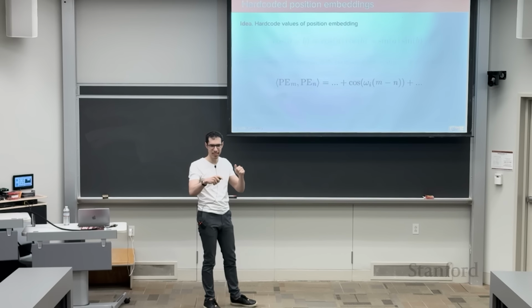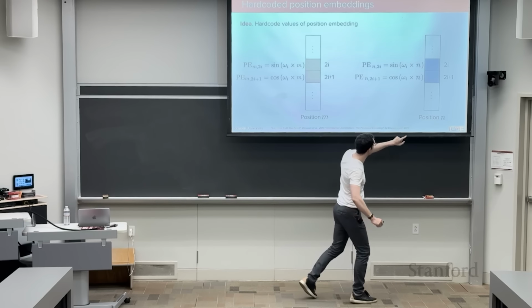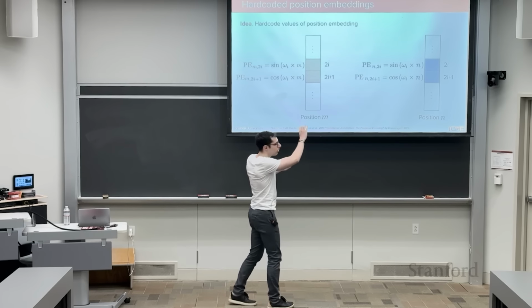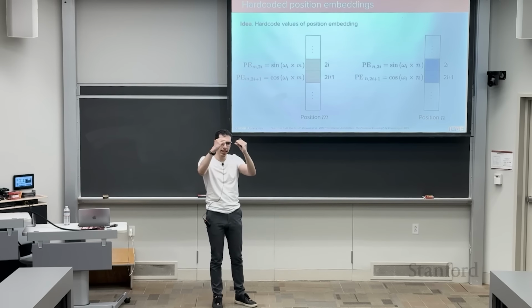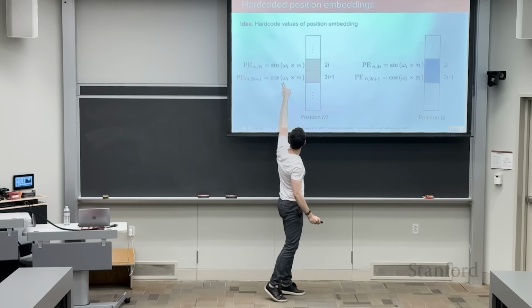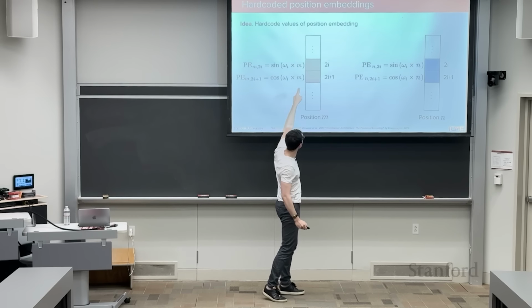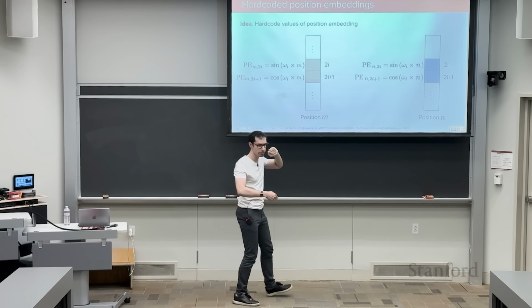Because when you do the dot product of position M and position N, you take the first component and multiply them, then you add the second component multiplied, etc. And here it's sine of this times sine of this plus cosine of this times cosine of this, right?